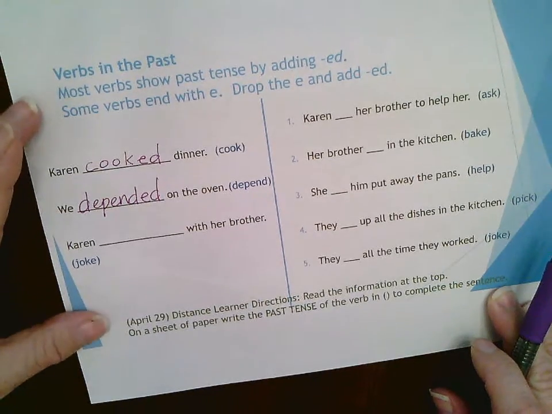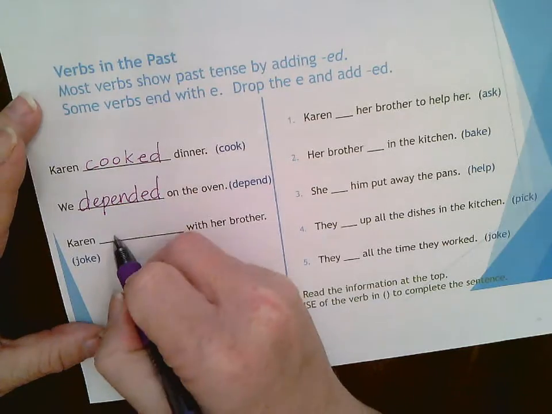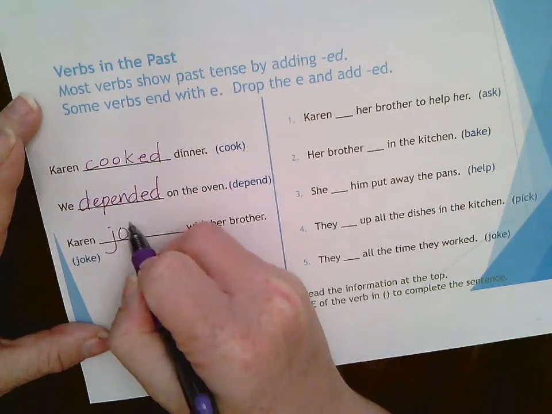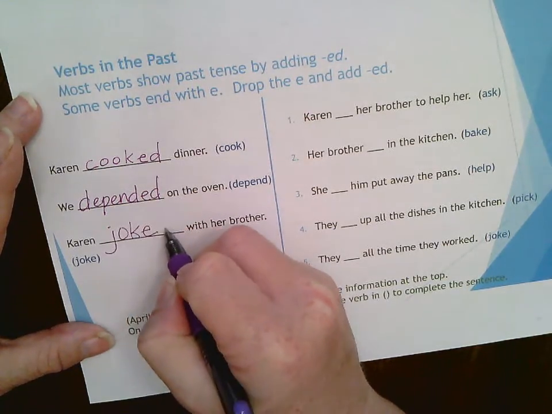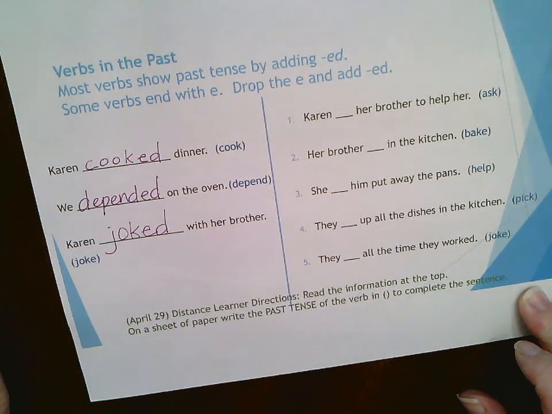So if we want to say that she already did that, she joked. Karen joked. So joke already ends in an e, and I can just add a d. And it's joked. She already joked with her brother in the past.